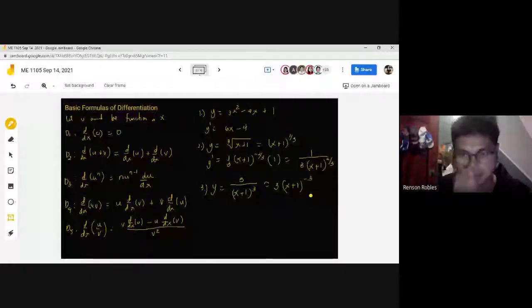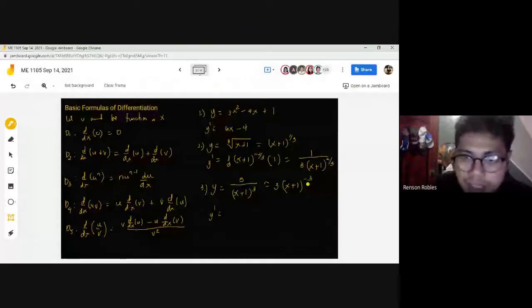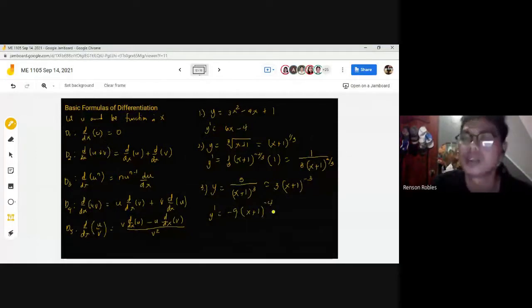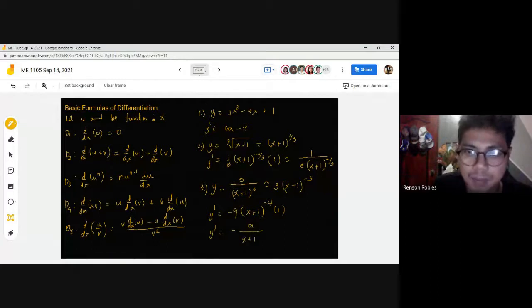So you have y prime. Again, you bring this down, multiply it in front. Okay, so that's negative 9. Then times x plus 1. Then you subtract 1. Okay, so that will become negative 4. And then you differentiate x plus 1. And that is 1. So y prime is negative 9 all over x plus 1 raised to positive 4.